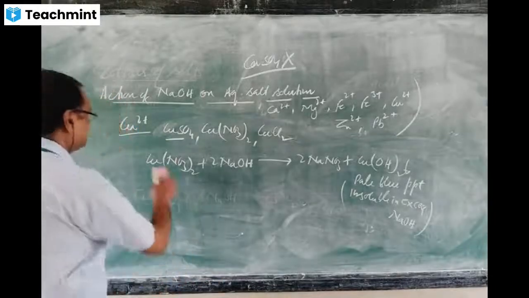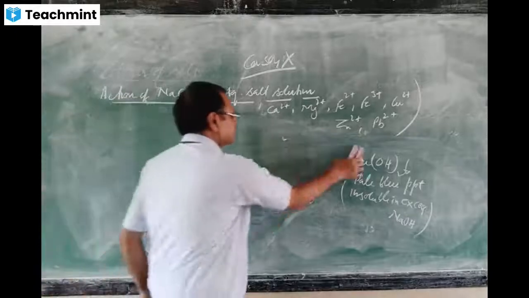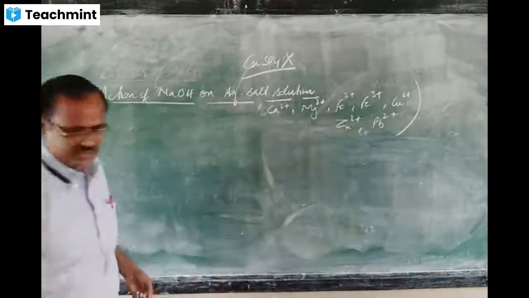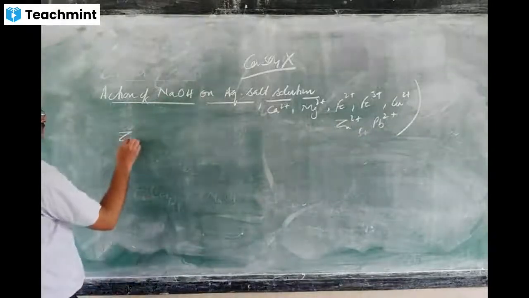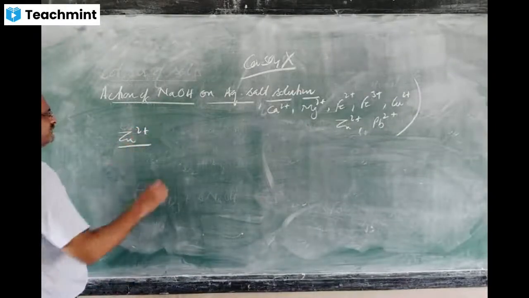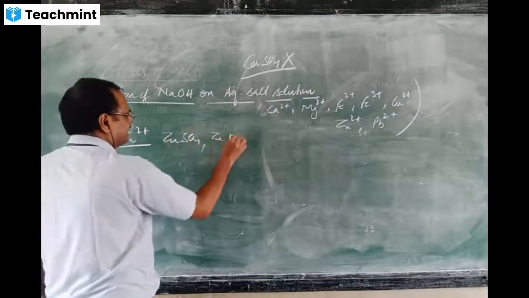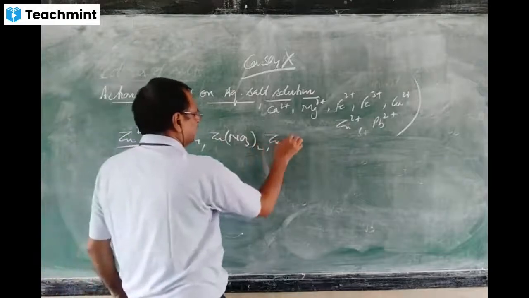Now the next ones are zinc and lead. Soluble salts of zinc are zinc sulfate, zinc nitrate, and zinc chloride.